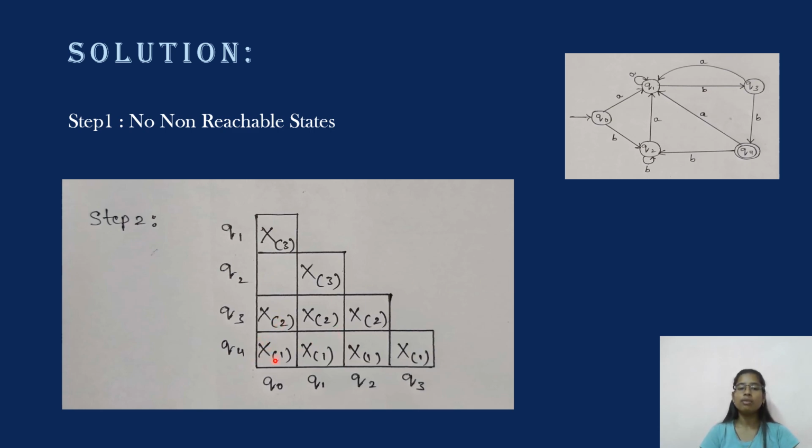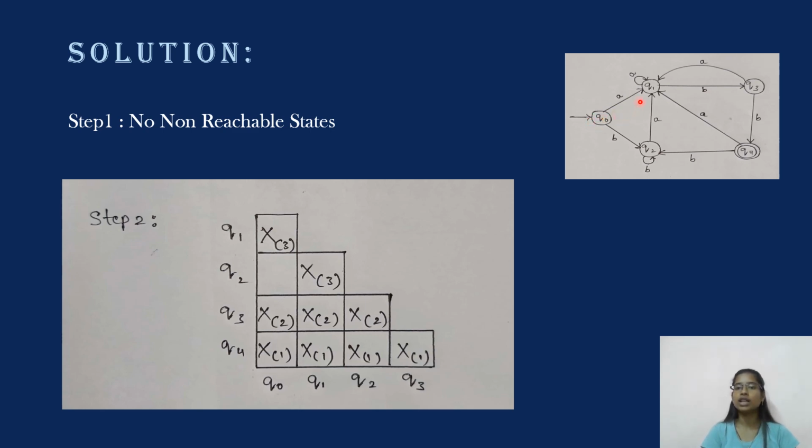It can only be marked on one condition: one should be the final state and the other should be the non-final state. Suppose we take Q0 and Q1.